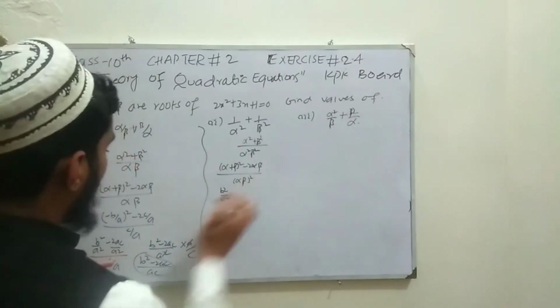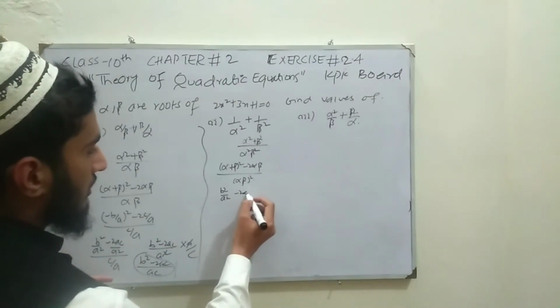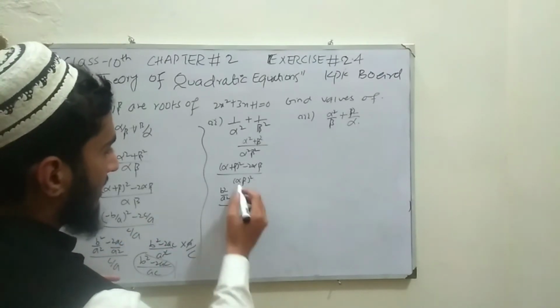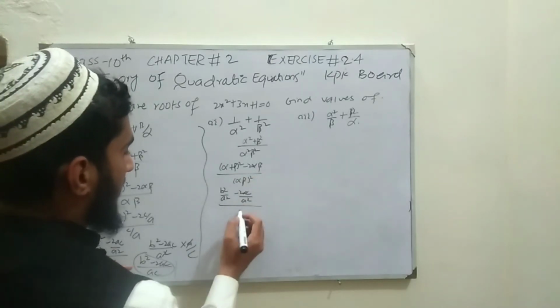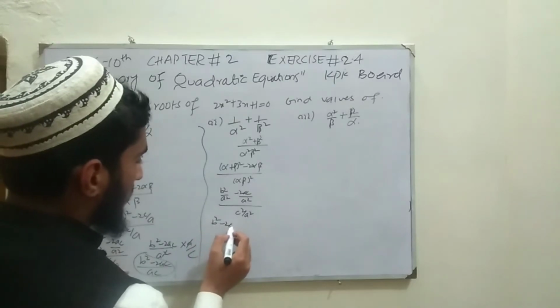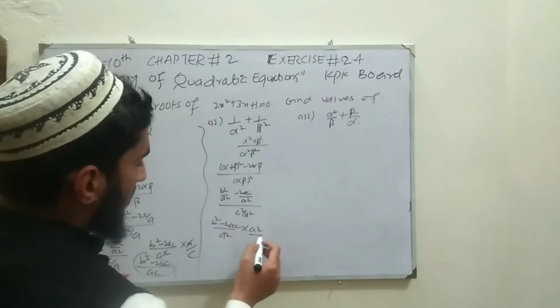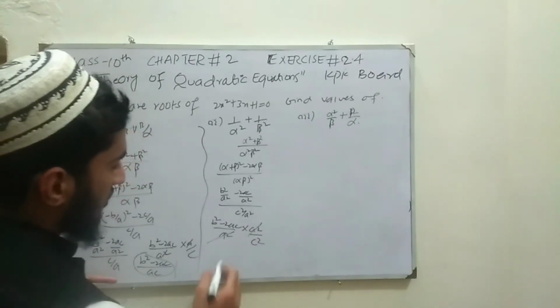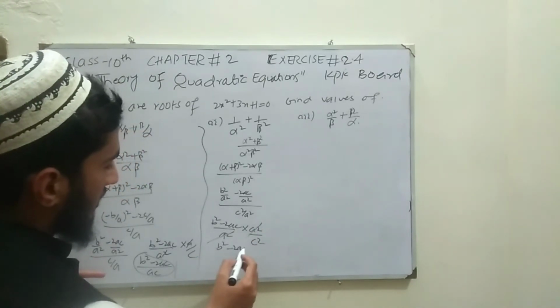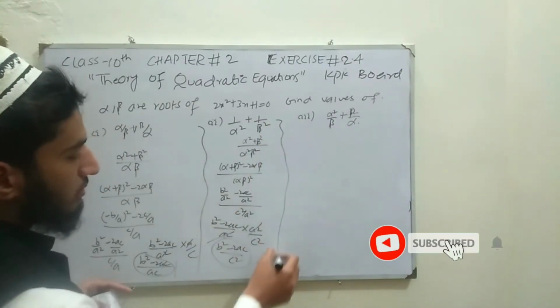And minus 2 times alpha beta, which is c over a, gives minus 2ac over a square, whole divided by alpha beta, which is c over a, so c over a whole square gives c square over a square. Taking LCM, b square minus 2ac over a square. Shifting this, we are left with a square over c square. A square cancels out with a square, so we are left with b square minus 2ac over c square. This is the solution to the given 1 over alpha square plus 1 over beta square.